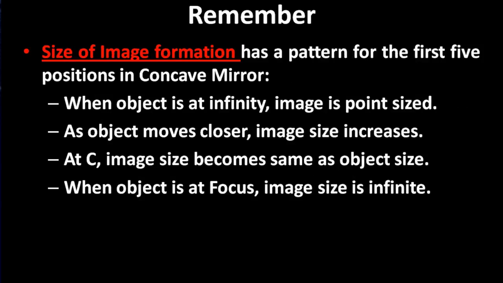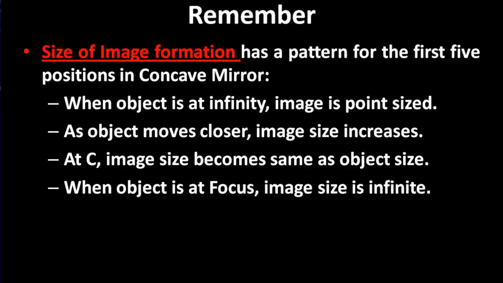The size of image formation has a pattern for the first 5 positions in concave mirror. When object is at infinity, image is point sized. As object moves closer, image size increases. At C, image size becomes same as object size.